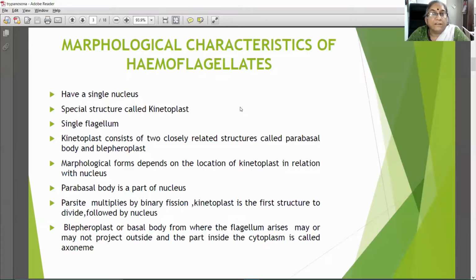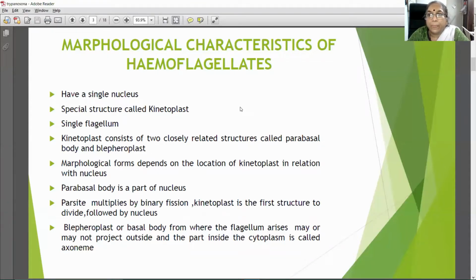All have a single flagellum. This kinetoplast has the parabasal body and blepharoplast, which are closely related to it. And the morphological form of the parasite depends upon the location of the kinetoplast in relation to the nucleus.